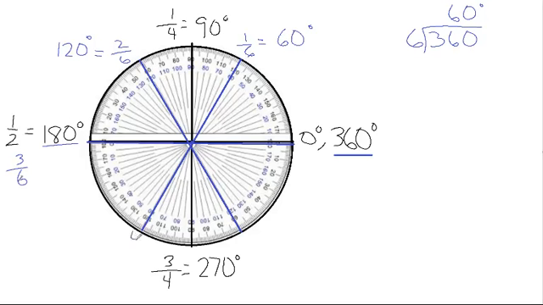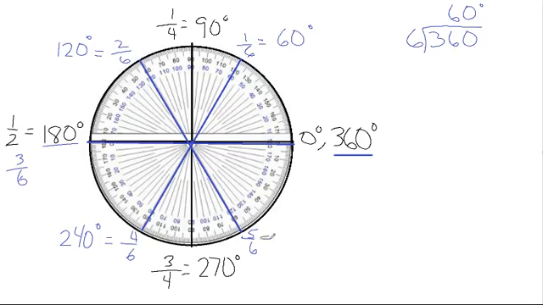4/6, where this blue line is, 4/6 of a circle is equal to 4 groups of 60. Then that would be 240 degrees. 5/6 of the circle would be right there at that blue line, and it's 5 groups of 60 degrees.